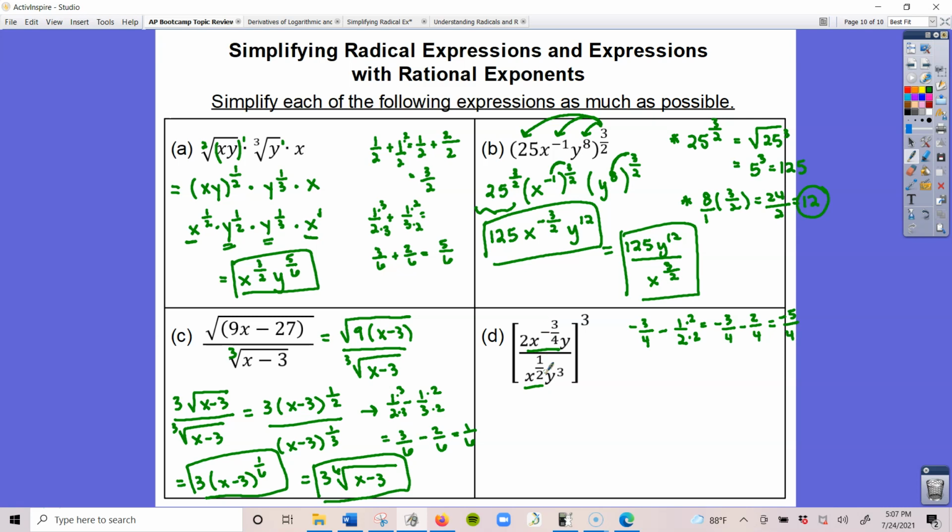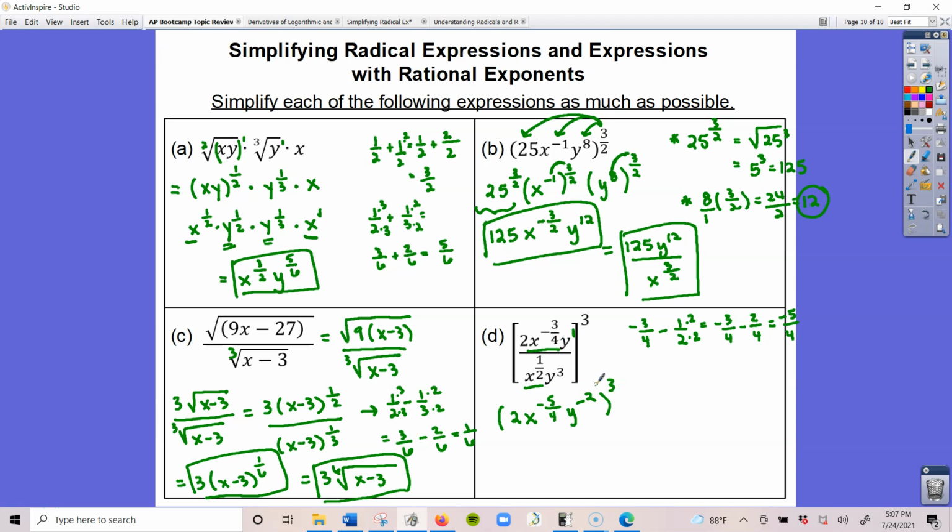So let's start writing down what we got. We have 2x to the negative 5 over 4. Now let's look at the y's. We have y to the 1st over y to the 3rd. So we have to subtract 1 minus 3, which gives me y to the negative 2. And all of this now is raised to the power of 3.